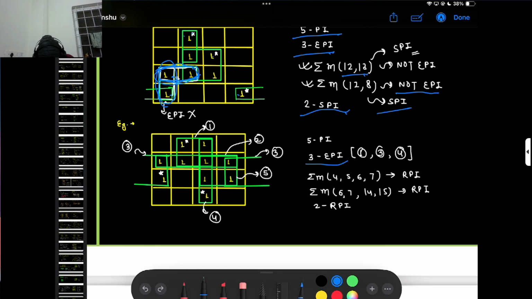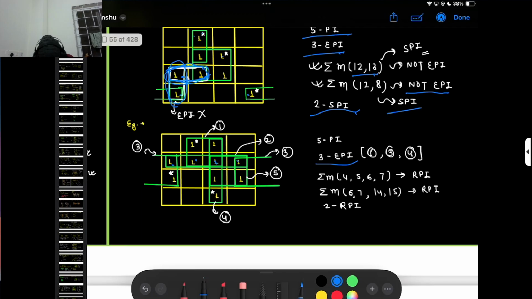So 4 5 6 7. So this is my another. Okay, understood. And this is my another RPI. 6 7, 14 15. So two RPI is present.